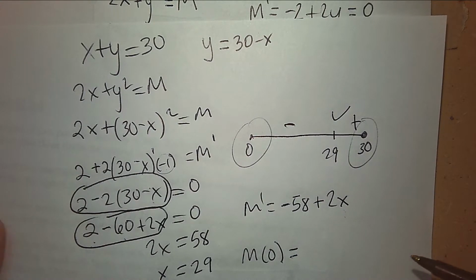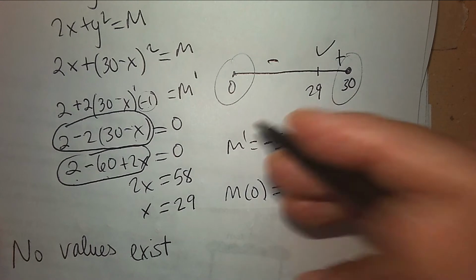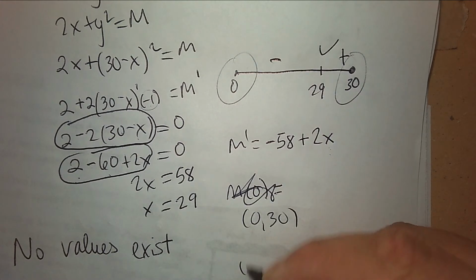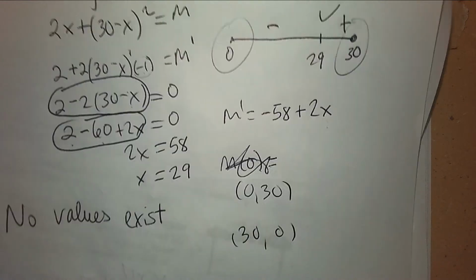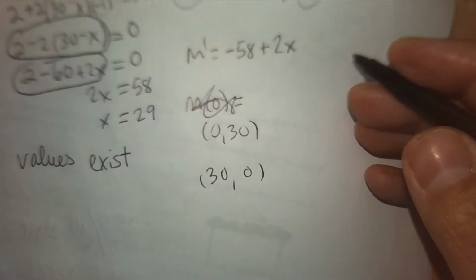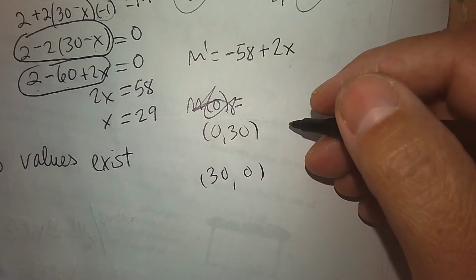So we have two options when we plug in 0. It's either going to be 0, 30, or the other option is going to be 30, 0. Which one there creates a minimum or a maximum?